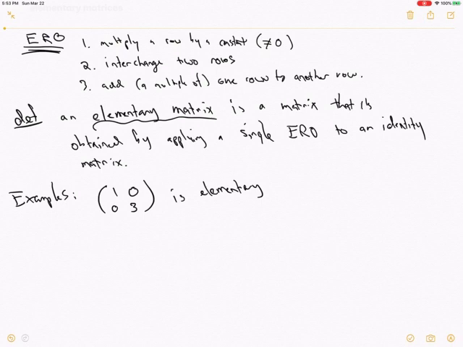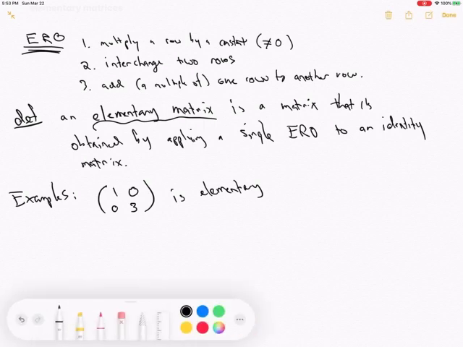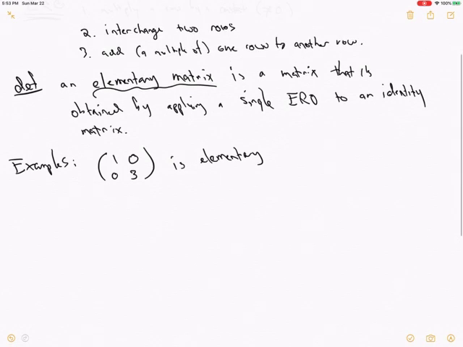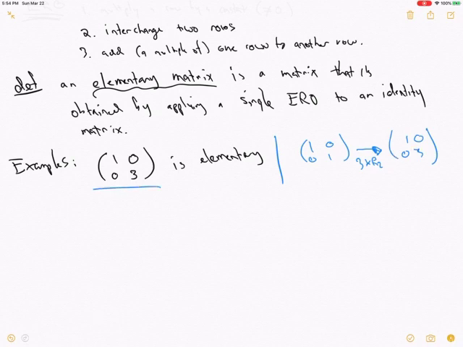You can scale the bottom row of the identity matrix. Typically you just say this matrix is an elementary matrix, but to see why, you take the 2 by 2 identity matrix and do 3 times the second row, and you get this matrix. So indeed, this matrix here is elementary.